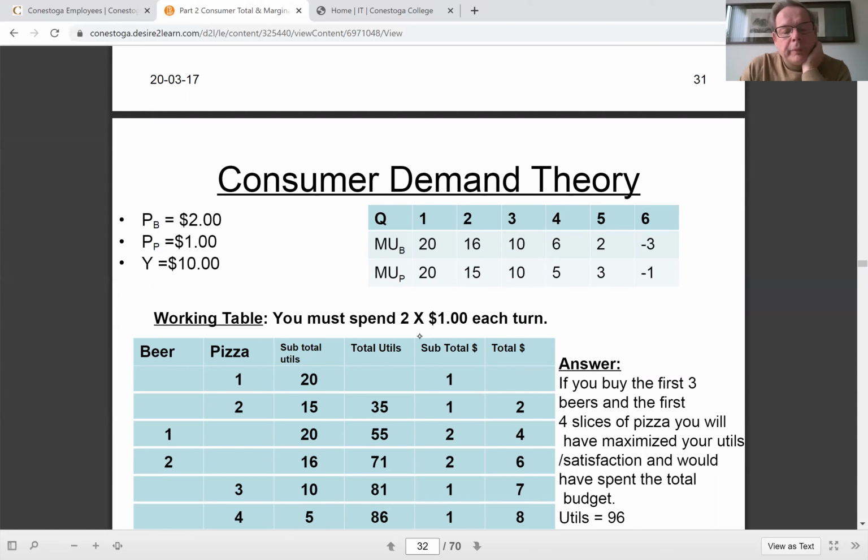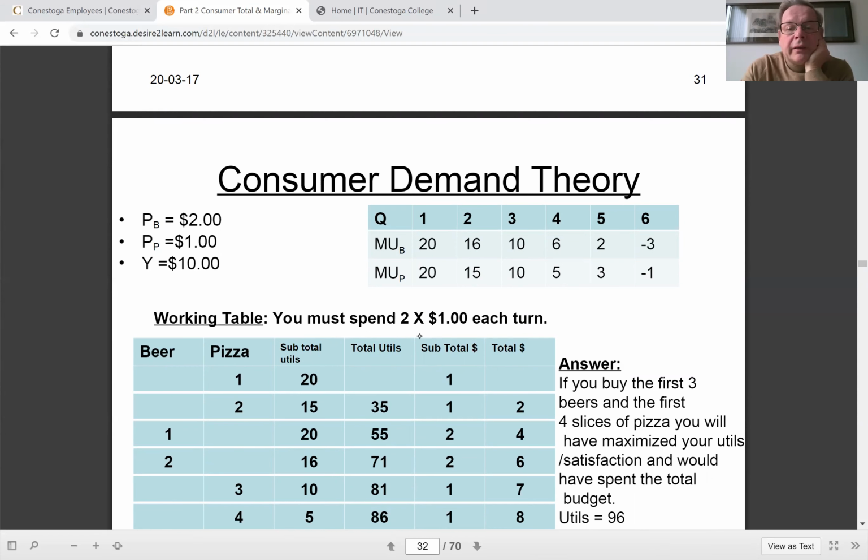Where am I going to spend the next $2, the 9th and 10th? Well, we've consumed the first 2 beers and the first 4 slices of pizza. So if I buy the next 2 slices of pizza for $2, I'm going to get a net increase of 2 additional utils, or two levels of satisfaction.